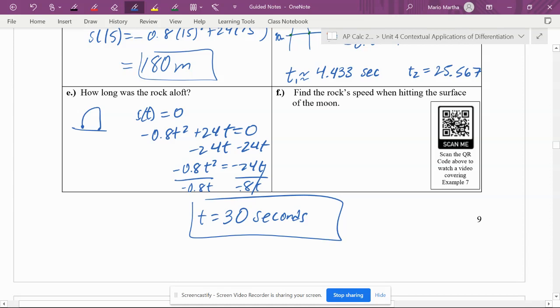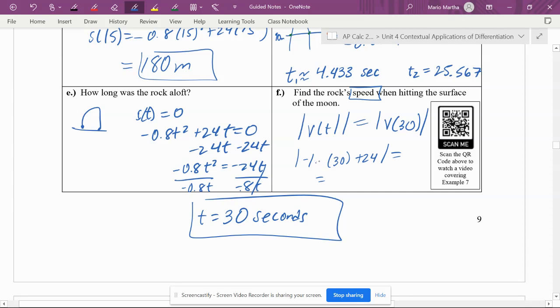The last part of the question says to find the rock's speed when hitting the surface of the moon. How fast was it going when it hit the floor? Remember, the keyword is speed, which is the absolute value of the velocity at that moment. So we plug 30 into our velocity equation: the absolute value of negative 1.6 times 30 plus 24.